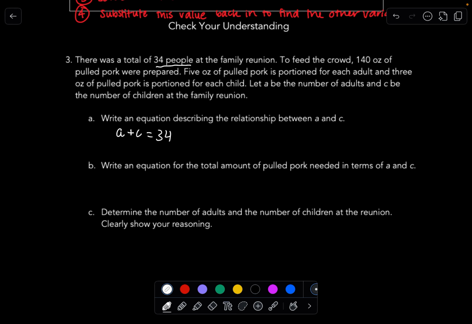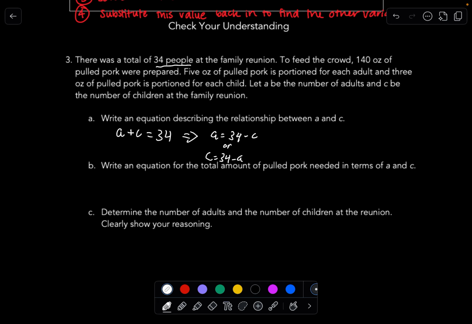That is an equation. And from this, by subtracting C from both sides, we can get A equals 34 minus C, or we could subtract A from both sides and get C equals 34 minus A. Either one, doesn't matter which one it is, all right?